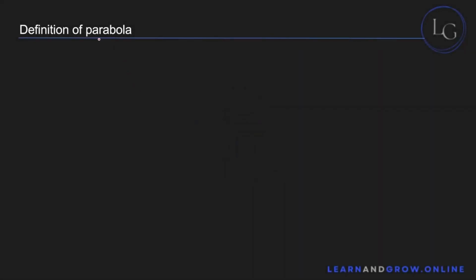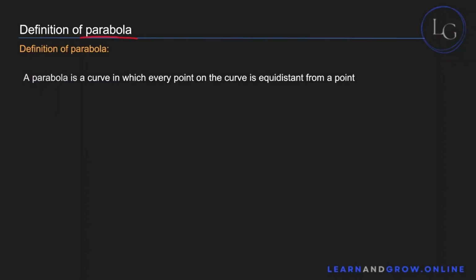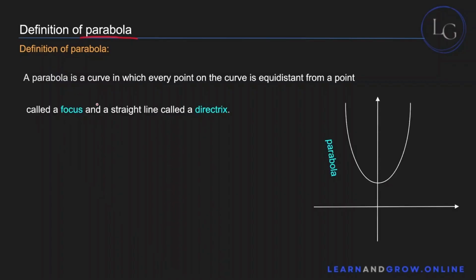Now let's see what a parabola is. I know most of you know what a parabola is, because we've studied quadratic equations many times before. Well, let's see it in a more formal way right now, the geometric way. A parabola is a curve in which every point on the curve is equidistant from a point called a focus and a straight line called a directrix. Now let's see what a directrix is first.